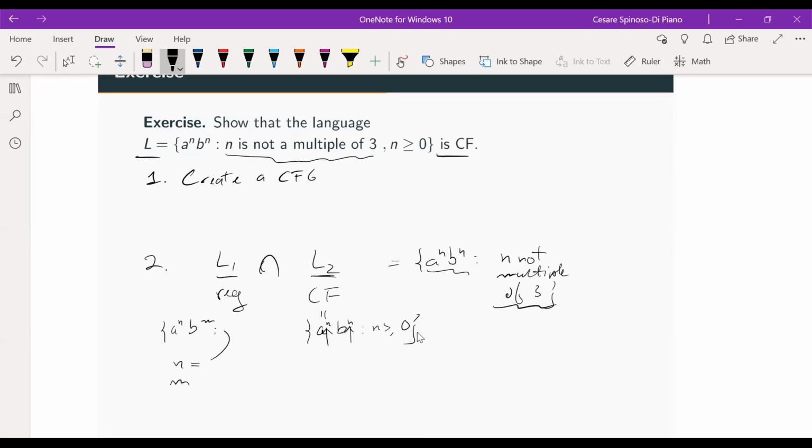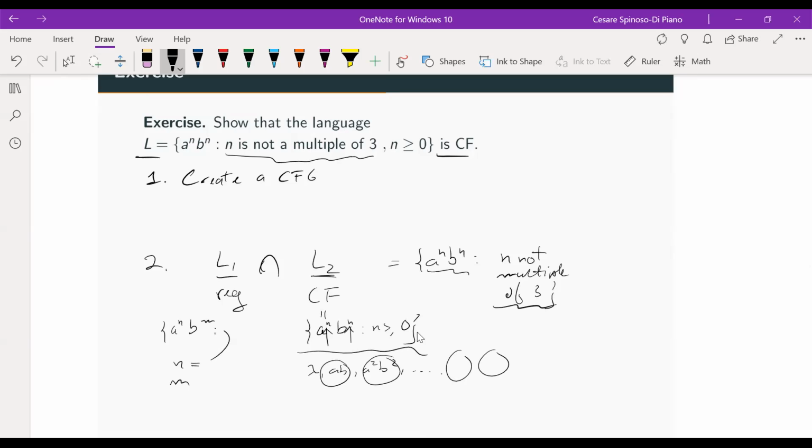Because remember, here you have lambda, ab, a^2b^2, and so on. You just want to intersect them with something so that you only get ab, a^2b^2, skip a^3b^3, then get a^4b^4, a^5b^5, and so on.